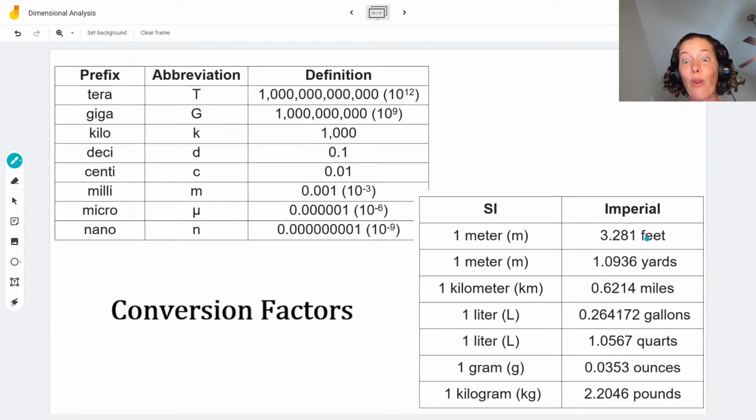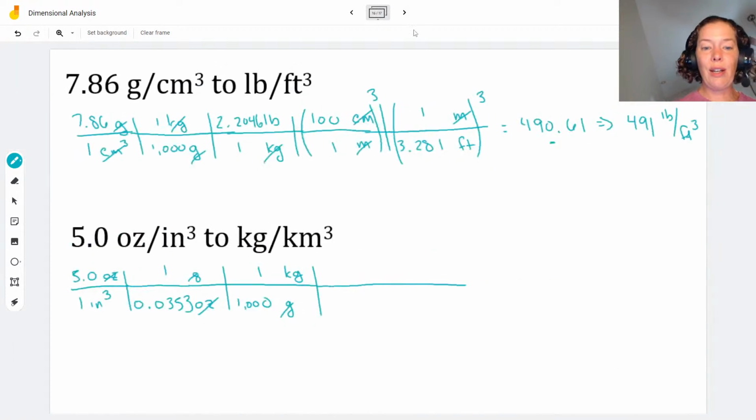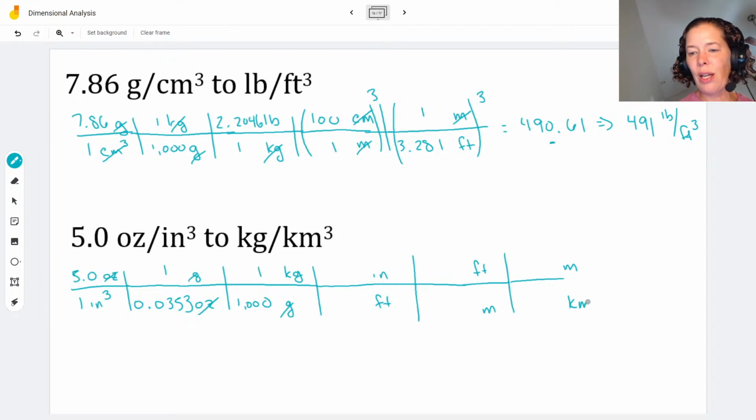I'm going to string together quite a few conversion factors here. Okay, so I want my inches to feet. Then I'm going to have my feet to meters. And then finally, I'm going to have my meters to kilometers.